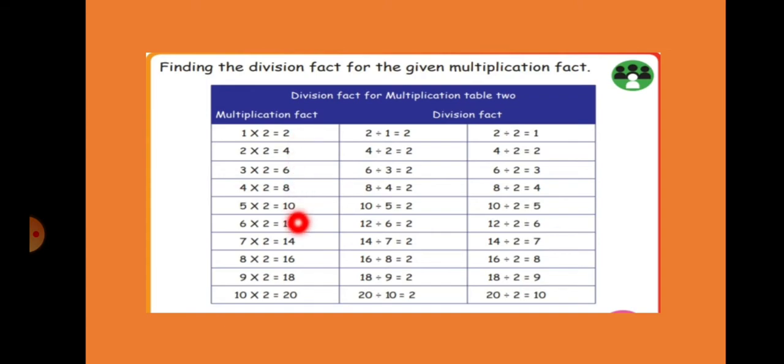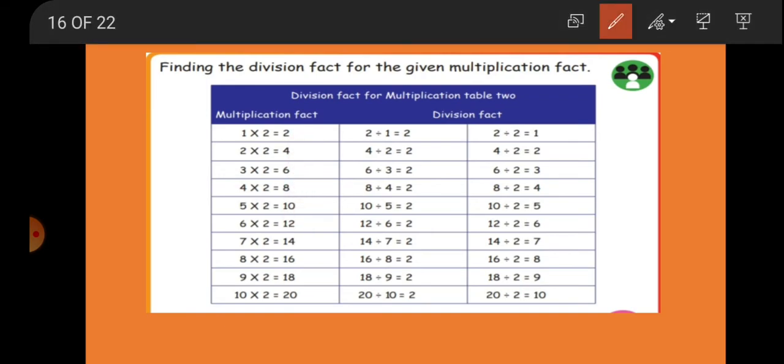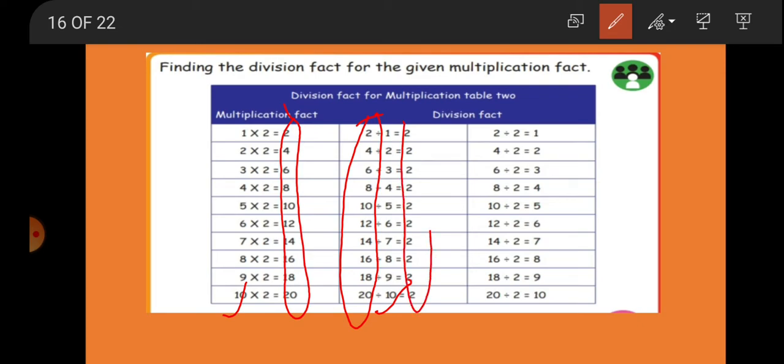And now here we are going to see the reverse way. See here, first we will write the answers, right? The 2 table answers. This side we are going to write the answer first, and 1 2 3 4 5 till 10 we are going to write this side. So the answer will be 2 in all of them.